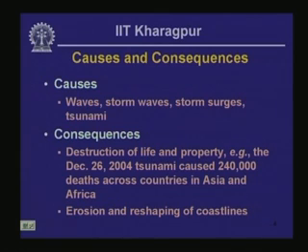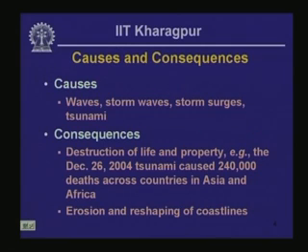Then there could be swelling of water level, due to low pressure systems associated with large storm systems and cyclones, or tsunami, which can be triggered because of an earthquake or an underwater landslide or underwater volcanic eruption, or even because of an impact of a very large meteorite on the surface of the water body.